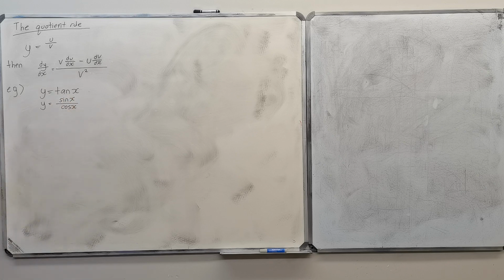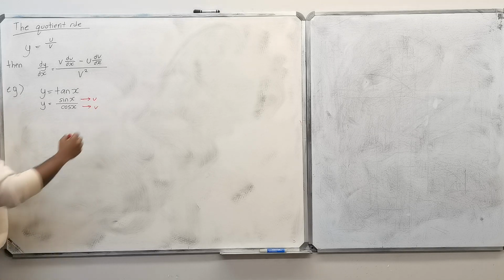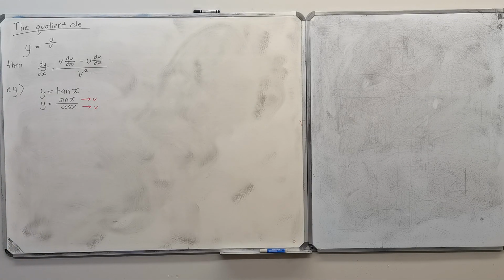Now you have u being divided by v. So that is u, that is v, right? You apply the quotient rule.